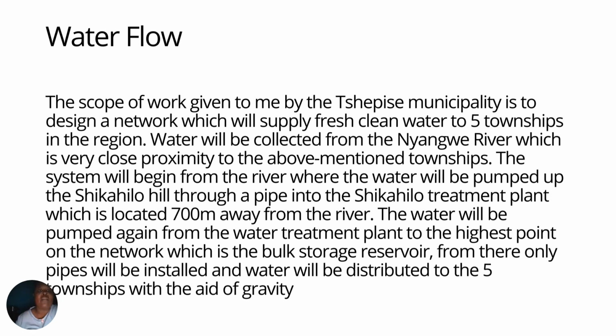The system will begin from the river, where the water will be pumped up the Shikahilo Hill through a pipe into the Shikahilo treatment plant, which is located 700 meters away from the river. The water will be pumped again from the water treatment plant to the highest point on the network, which is the bulk storage reservoir. And from there, only pipes will be installed and the water will be distributed to the 5 townships with the aid of gravity.